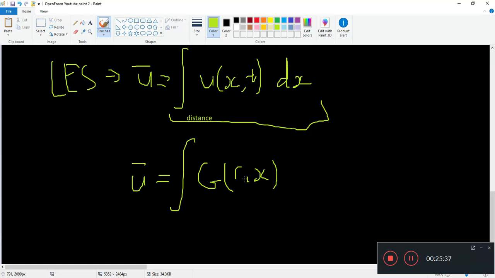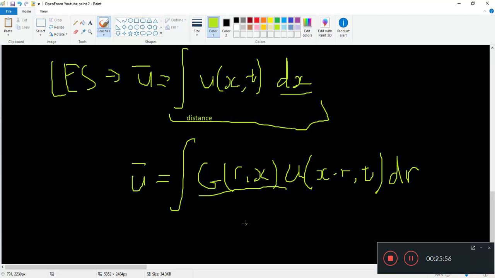I will add a weighting function to this u, x and t. Instead of using dx all the time, I'm going to use this function g.